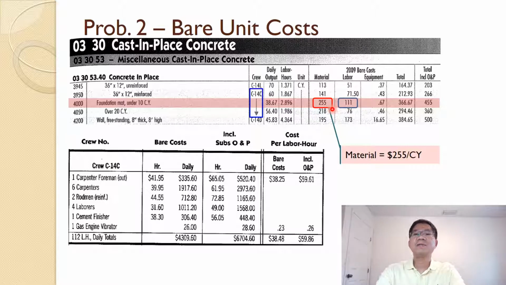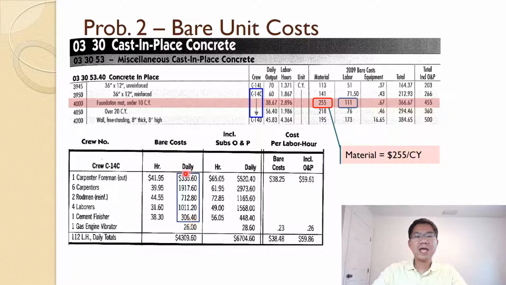Now the labor, where does that $111 per cubic yard come from? It comes from what crew you have, and that goes down to here. You see labor, so the 14 people here from carpenter foreman to cement finisher, for daily direct costs, bare cost, which means direct.